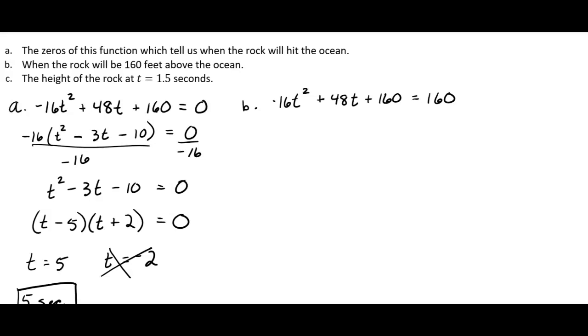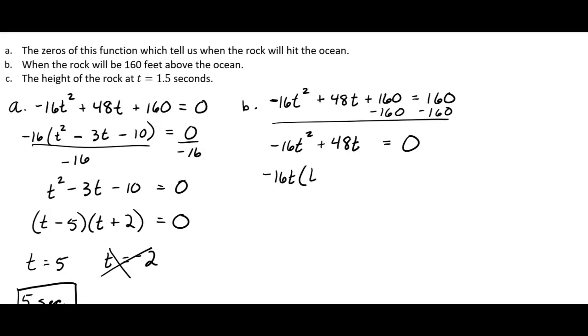Well, I can subtract 160 from both sides because I want to set it to 0. So this one's kind of interesting. I'm getting negative 16t squared plus 48t equals 0. Well, how will we factor this? It's a quadratic equation. We're going to factor out the greatest common factor, which is negative 16t, and then t minus 3.